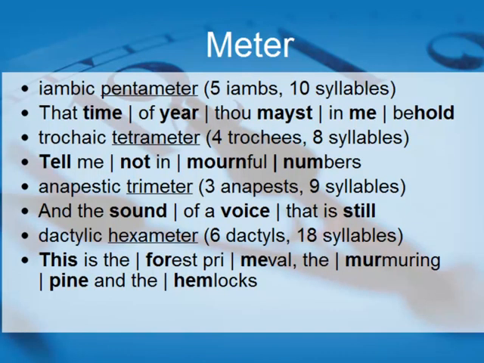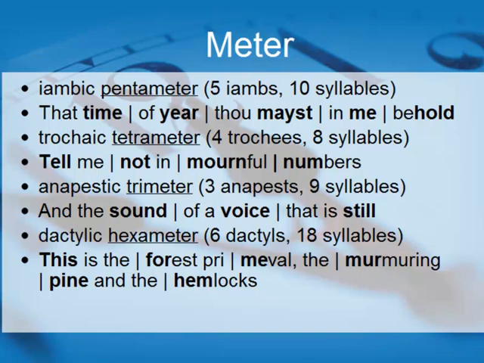So iambic pentameter means 5 iambs, 2 syllables each, so we take 5 times 2 and we come up with 10 syllables for the line. And they're all unstressed, stressed, unstressed, stressed, unstressed, stressed. So the example is, "that time of year thou mayest in me behold." That's a line of iambic pentameter.